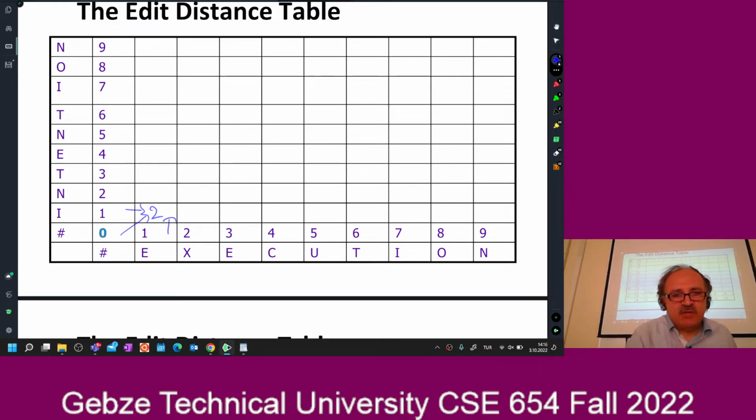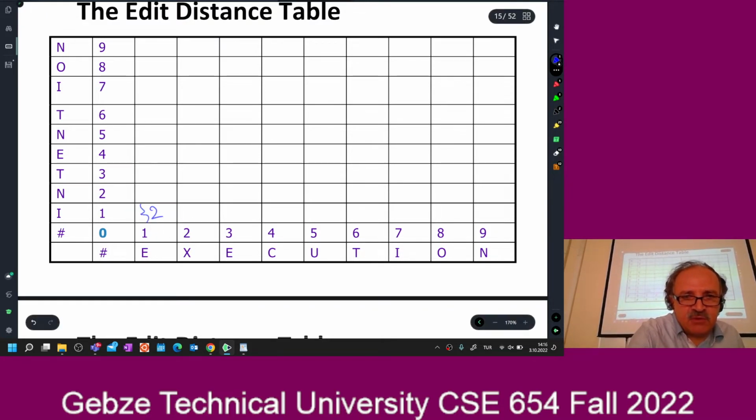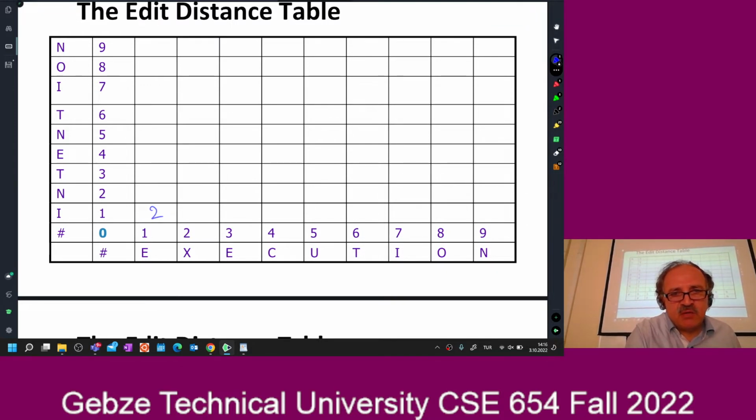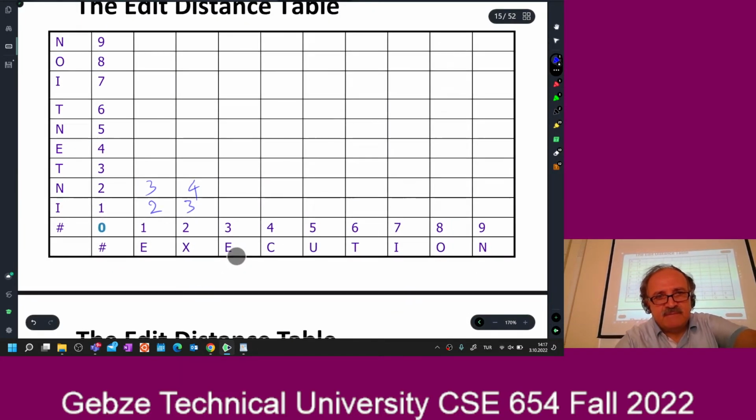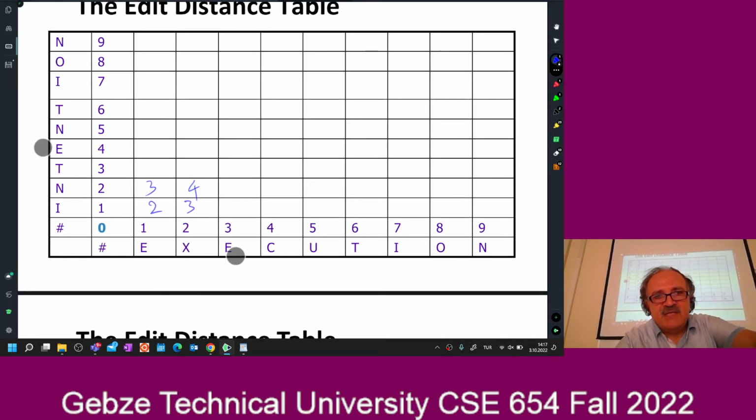Okay, let's continue, and I'm trying to reach some interesting position now. This one is going to be 3, right? How do you find the edit distance between I and EX? And this one is going to be 3 again. And this one is going to be 4. If I continue this way, when we hit this one, there will be interesting stuff happening.